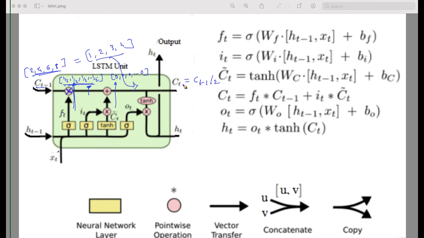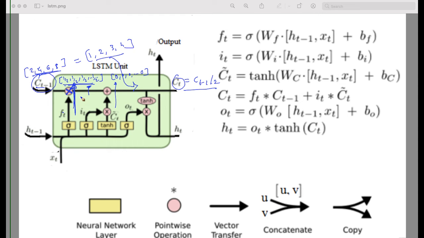So I can decide how much of this CT minus 1 to transmit to CT, whether it should be transmitted completely, or halved, or a quarter, whatever. That's the power I have here.